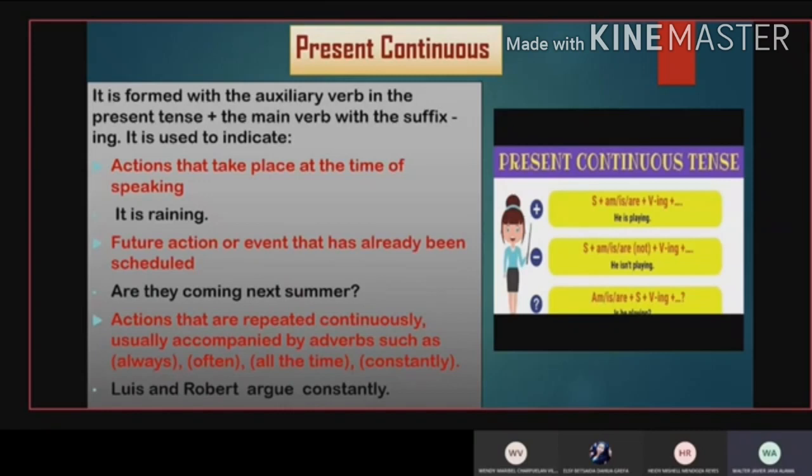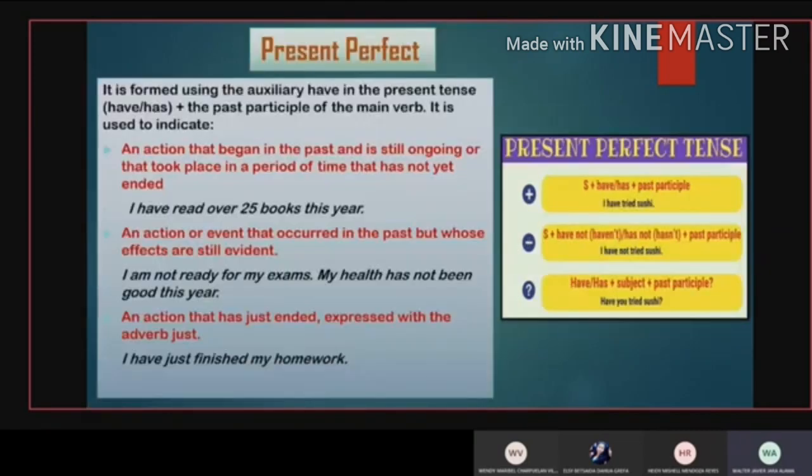Present perfect. It is formed using the auxiliary have in the present tense, have, has, plus the past participle of the main verb. It is used to indicate an action that began in the past and is still ongoing, or that took place in a period of time that has not yet ended. For example, I have read 25 books this year. An action or event that occurred in the past but whose effects are still evident.